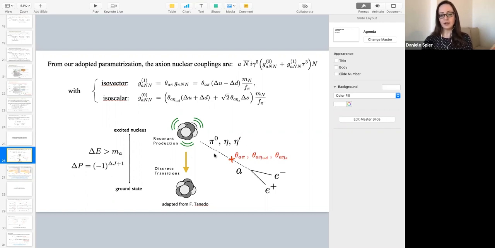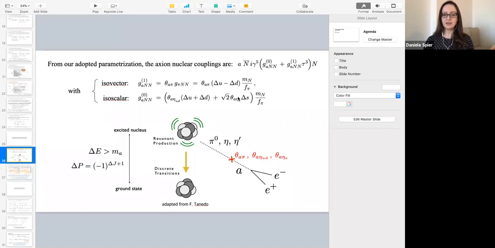In particular, the rate will depend on the multipolarity of this transition, by which I mean the relation between total angular momentum and parity change of the transition. So if this is a purely isovector transition, the only parameter that contributes is the axion mixing with the neutral pion. If it's a purely isoscalar transition, then the contribution comes from the axion mixings with these guys because of this particular coupling. I hope that's clear.